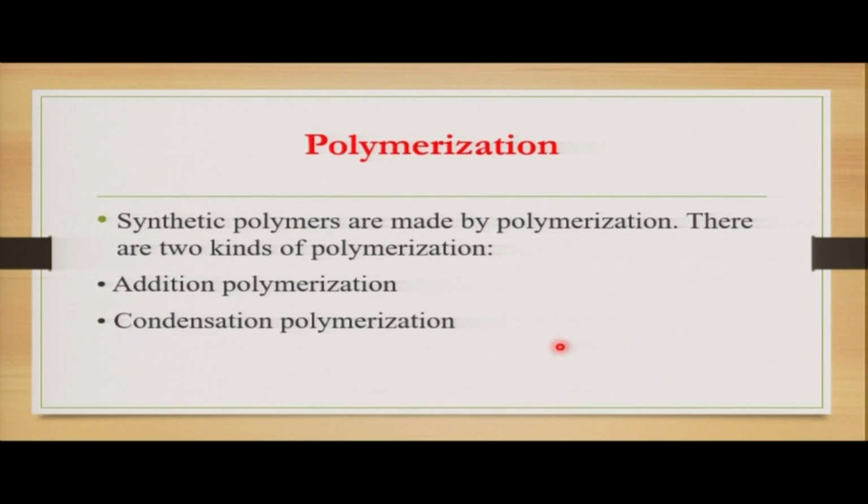So if we go back to the first classification of natural and artificial, the artificial can also be called synthetic. Synthetic polymers are made by polymerization. There are two kinds of polymerization, two processes under which polymerization takes place.